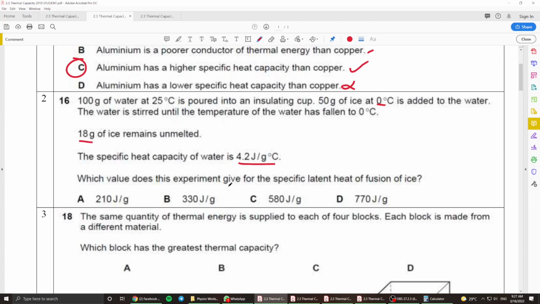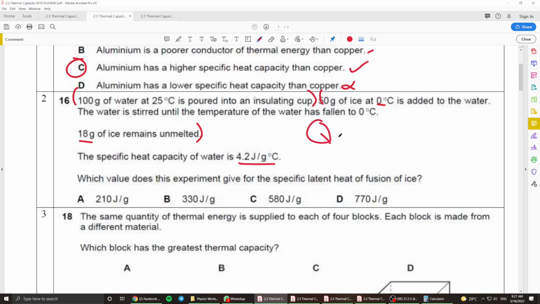What value does this experiment give for the specific latent heat of fusion? There are a few parts to this question. First, this part is from the water, this part is the ice, and the specific heat capacity of water is this amount. They're basically testing your understanding of thermal equilibrium.